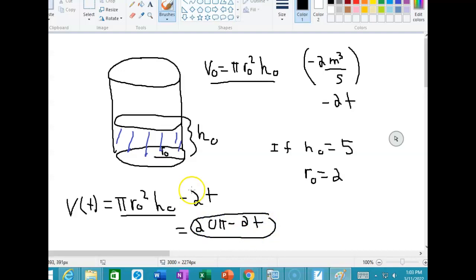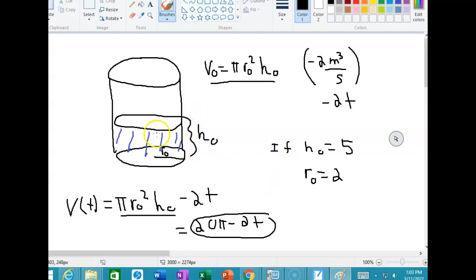So again, you need to be able to understand if you have some fluid and you're draining fluid out, it's going to be a minus something. If you're adding fluid in, it's going to be plus something t. You've got to know that, but also understand if you're dealing with a height. So let's say you wanted to express the height in terms of t.